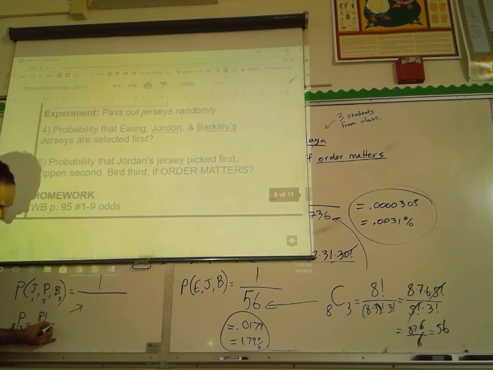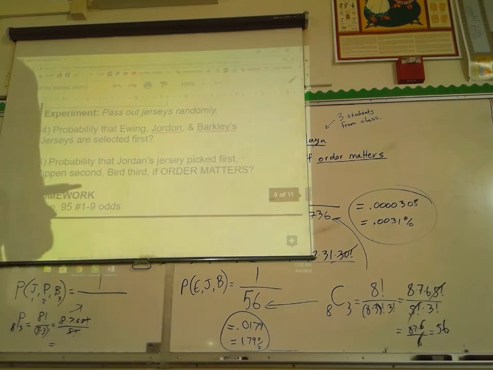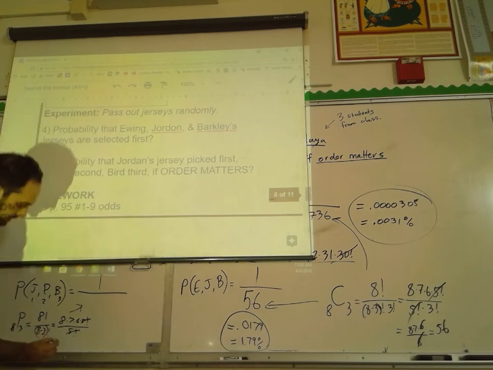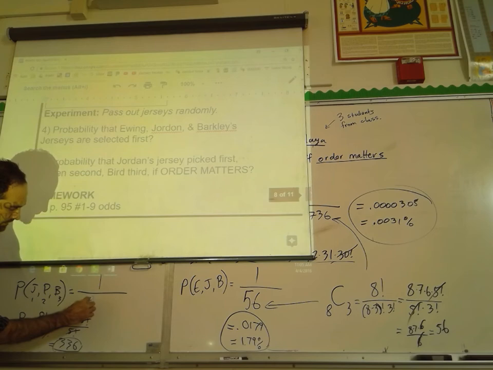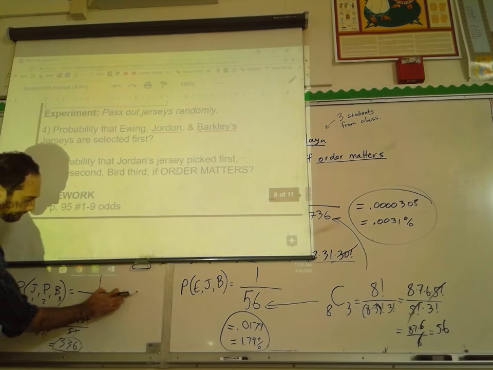So I'm going to go ahead and do that quickly. 8, 7, 6, 5 factorial, 5 factorial on the bottom. And that gets us all the way to 56 times 6 is 336. All right, that's part of the answer that goes here.